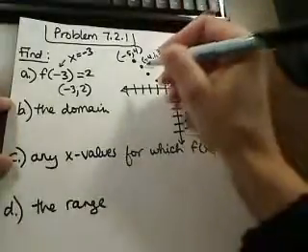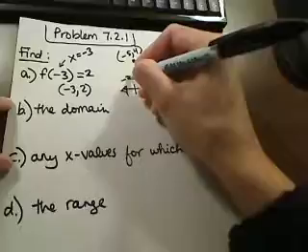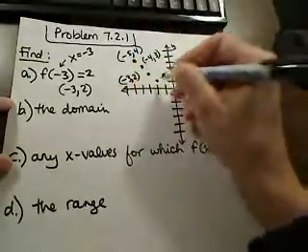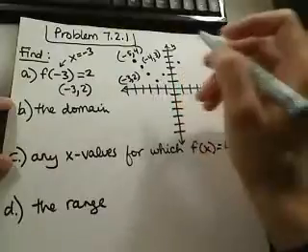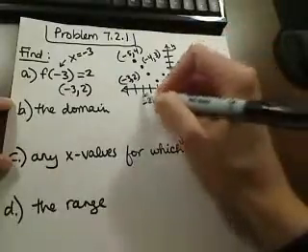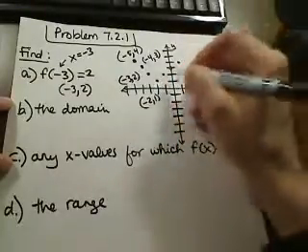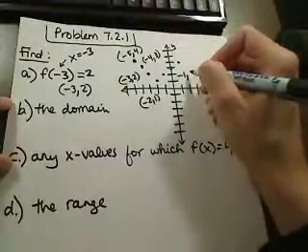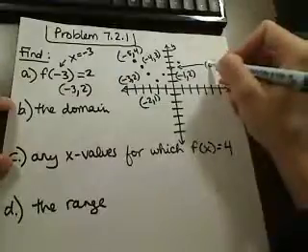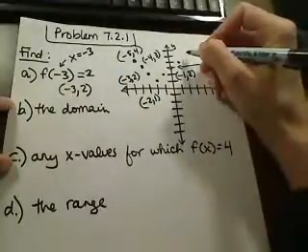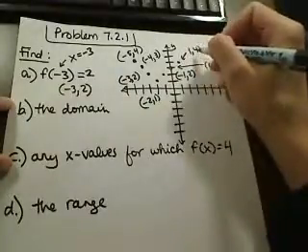This is our negative 3, 2. This is negative 2, 1. That's that point right there. Negative 1, 2. We have this point right here is 0, 3. And this point right here is 1, 4.